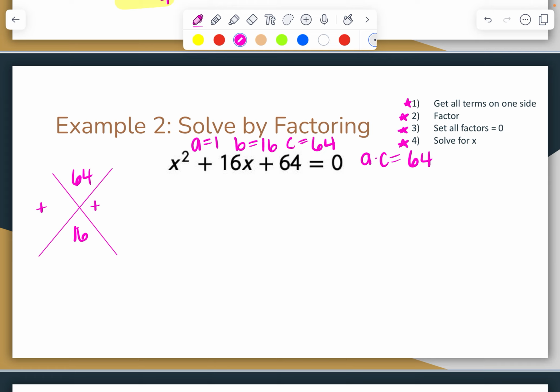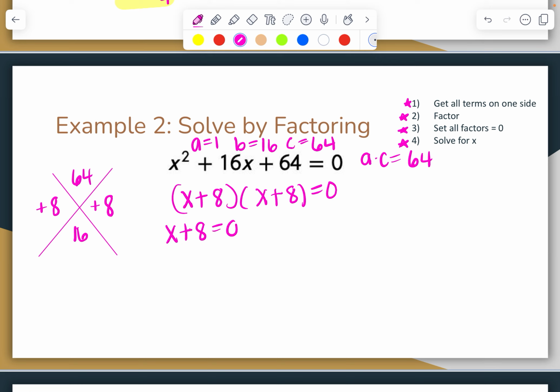And if we look at the factors of 64, 8 and 8 are the two numbers that will multiply to 64 and add to 16. So that means (x plus 8) times (x plus 8) equals 0, and now we split it up.